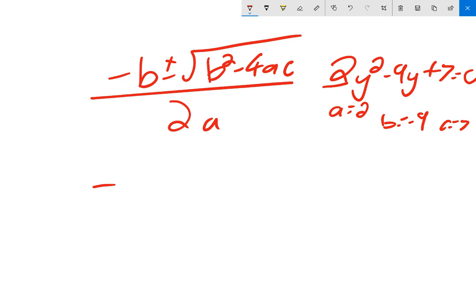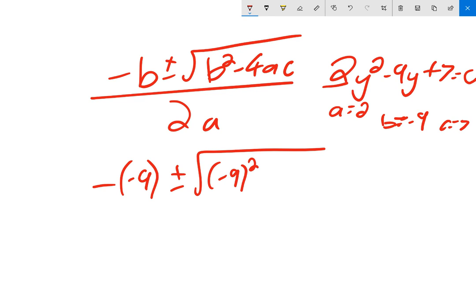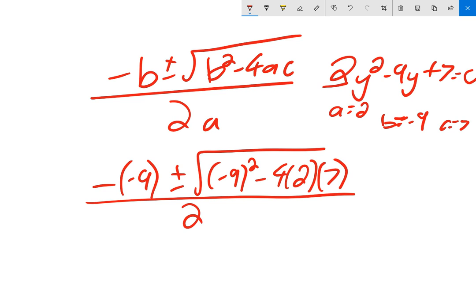So you'd have negative b, which would be a -9, so that'll eventually be a +9, plus minus the square root of b squared, so -9 squared, minus 4 times a, which is 2, times c, which is 7, all divided by 2 times a, which is 2. And you would just go through this process of simplifying things down until you got your answer.